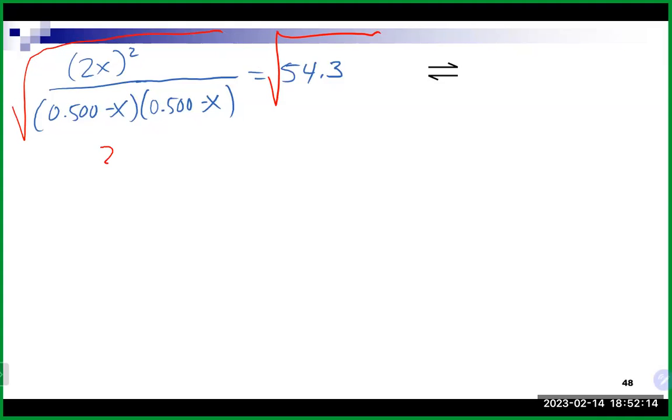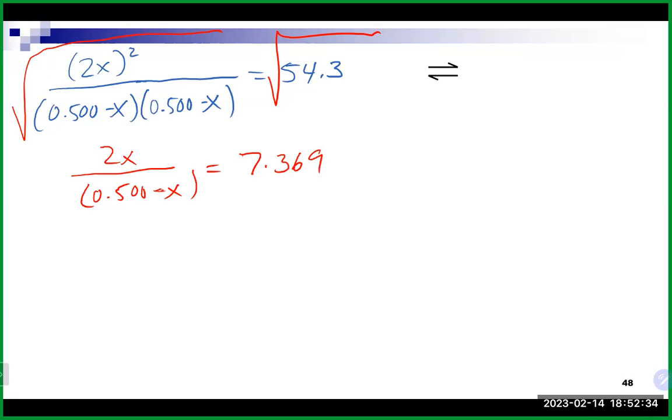So that gives you 2x up on top, 0.5 minus x on the bottom. And the thing I personally always forget to do is actually take the square root there on the right. So let me do it the correct way: 54.3, taking the square root, gives us 7.36.